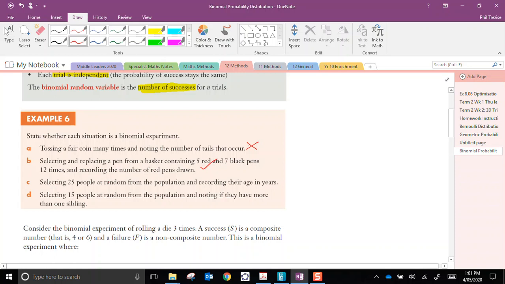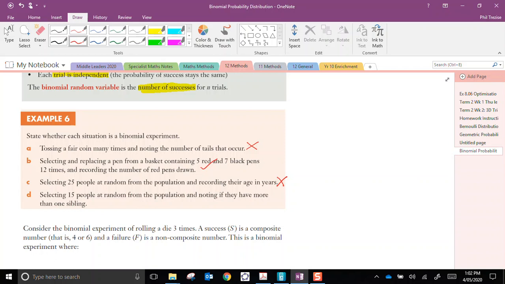Selecting 25 people at random from the population, so fixed number of trials, recording their age in years. Well, there are more than two outcomes there. Selecting 15 at random, fixed number of trials, noting if they have more than one sibling. So more than one sibling is success, less than one sibling is fail. Now, admittedly, different families will have different numbers of siblings.